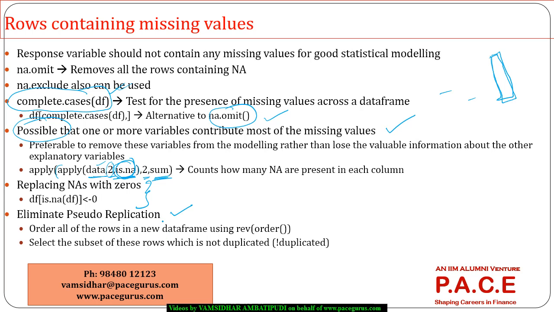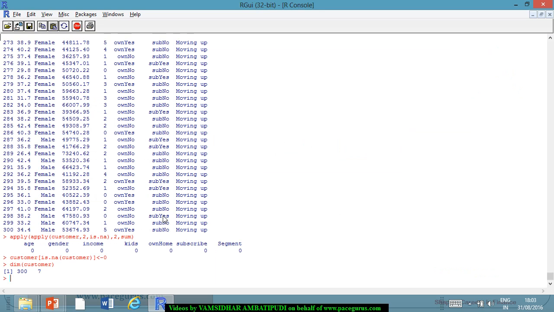So let's say I want only the unique values based on one single column. Let's say from this data, I want one from each segment, and that too the people with highest income. This is what I want.